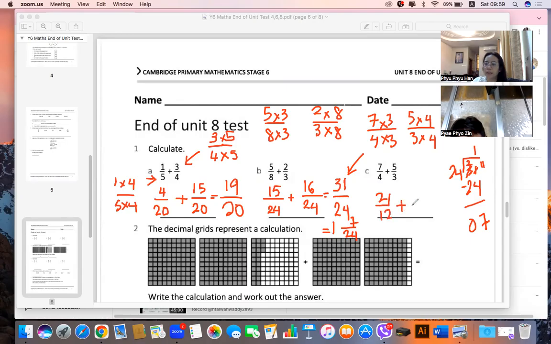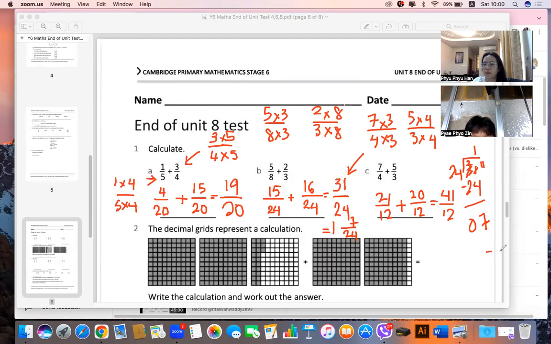So now we will add. 21 plus 20, we get 41 by 12. Yes, 41 by 12.